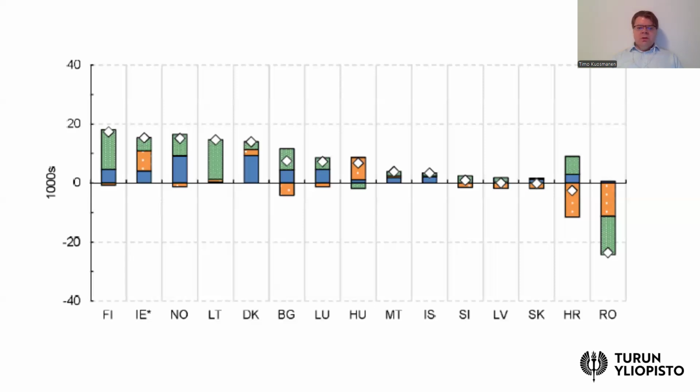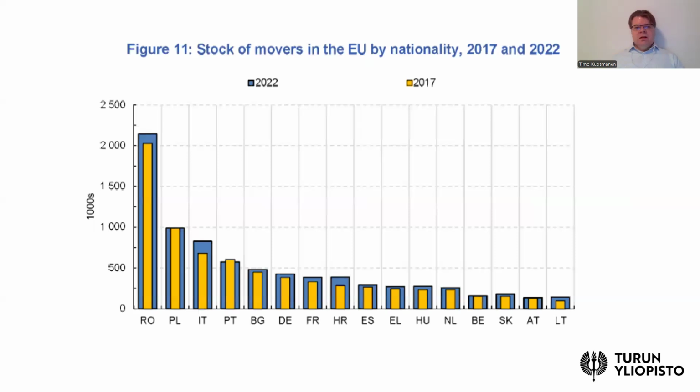But then if we consider this labor mobility just within the EU, then this figure indicates how EU nationals are moving, and which EU countries this labor mobility within the EU is coming from. There's 2 years, 2022 with blue color, and for comparison, 2017 is with the yellow bar. But these numbers seem to be relatively stable over this 5-year period.